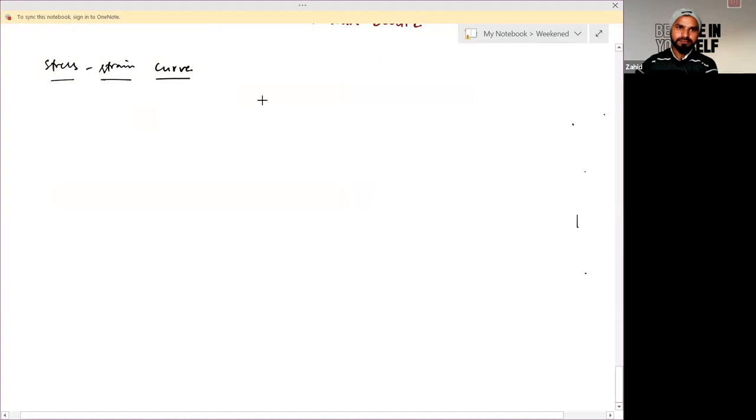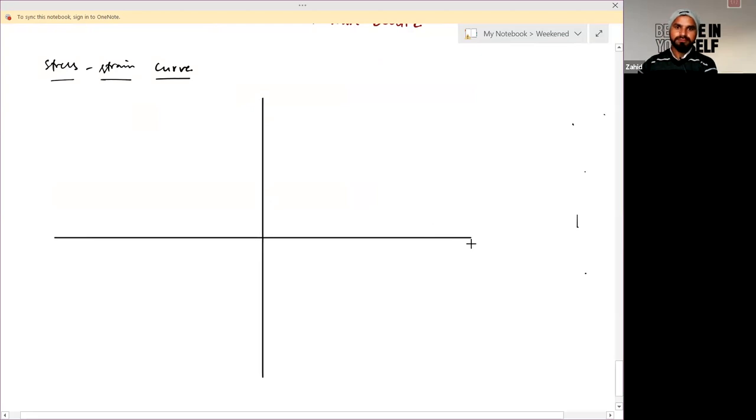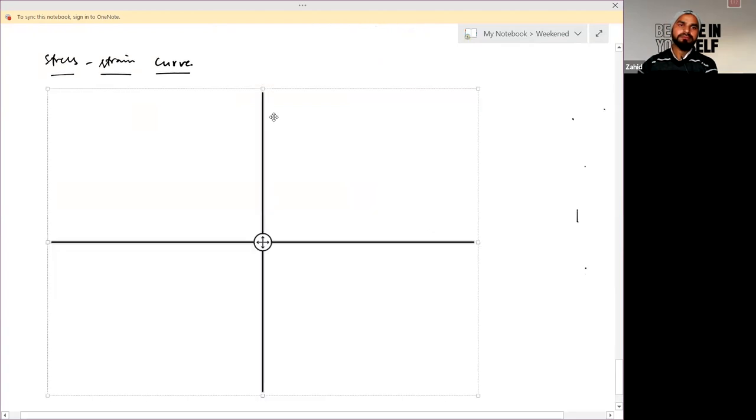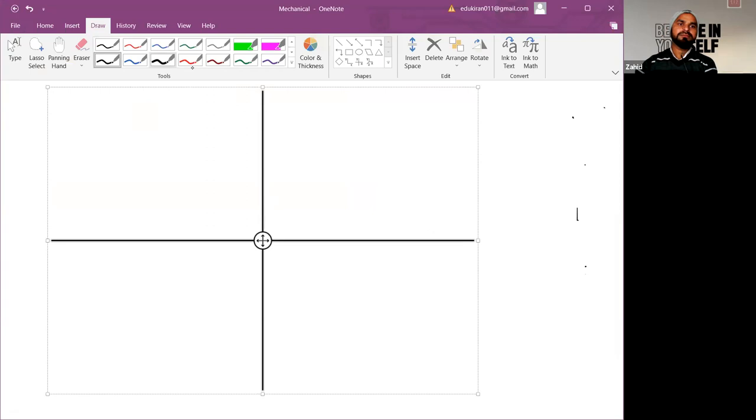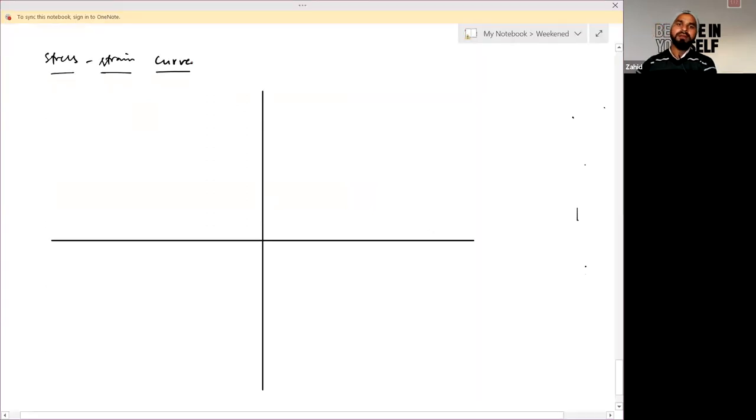Suppose this is longitudinal stress, and this will be the corresponding longitudinal strain developed in that particular object.